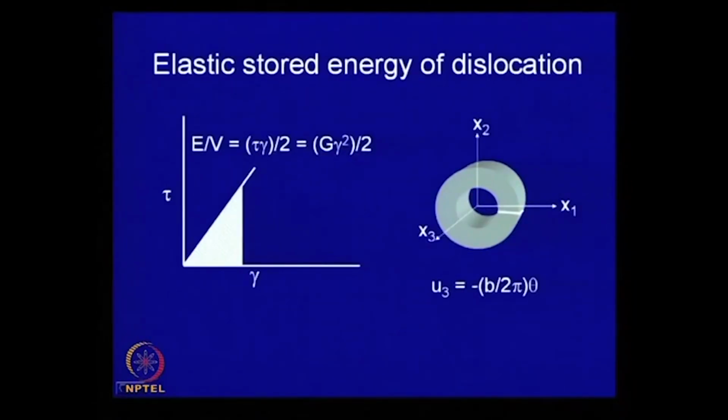The best way to visualize this is like this. Suppose we consider a hollow cylinder here, and we make a cut over here. This cut portion is the slip plane, and we try to move it slightly and then weld it.